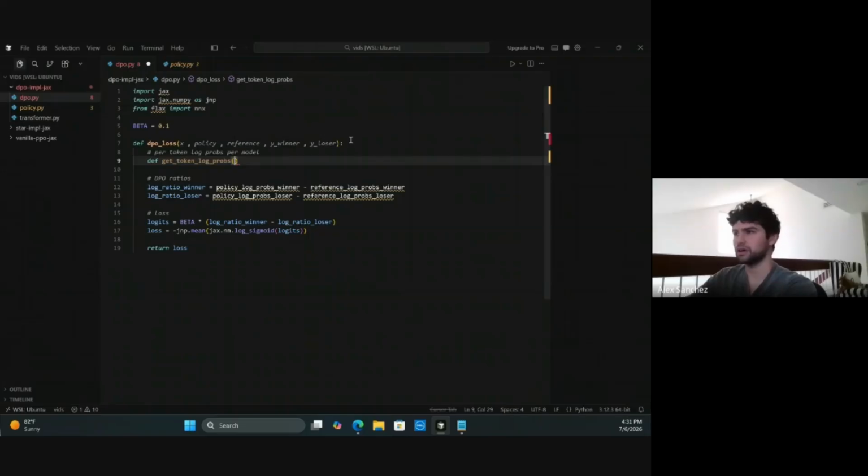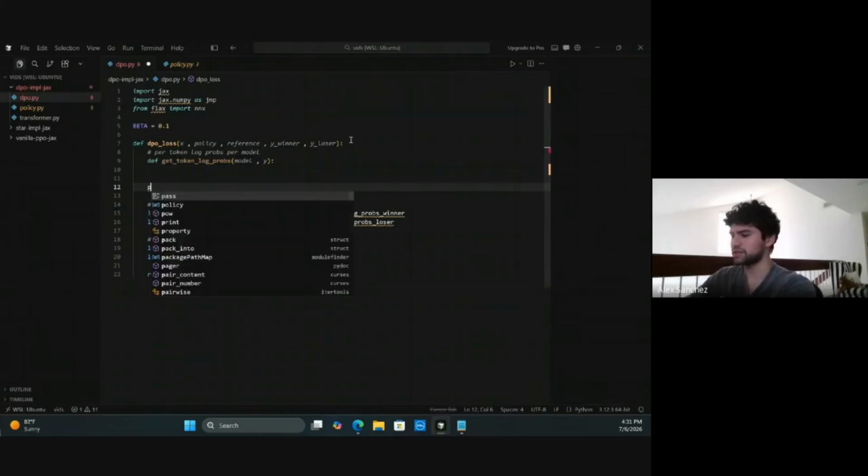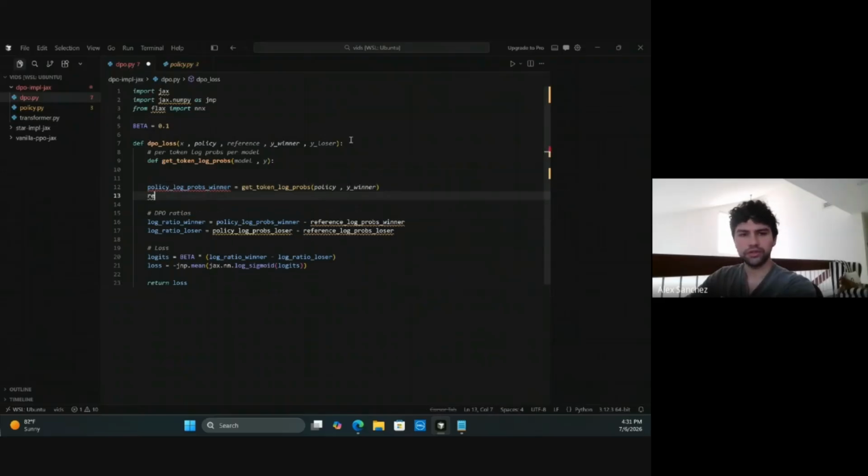Here we're going to take a model and a y. This is just going to be an internal function where we do the whole thing. The whole idea is policy log probs winner is equal to get token log probs of our policy and our y winner. Then we're going to do reference log probs winner, where we pass in our reference model.